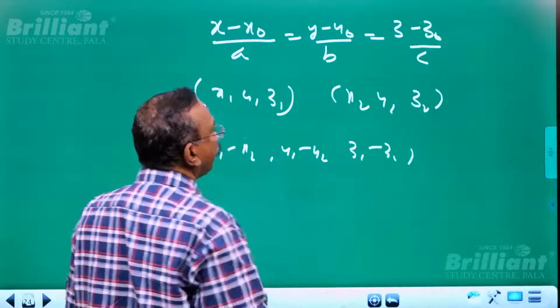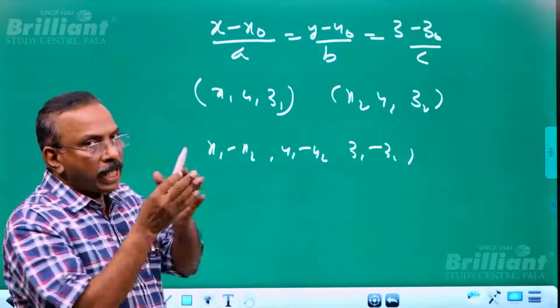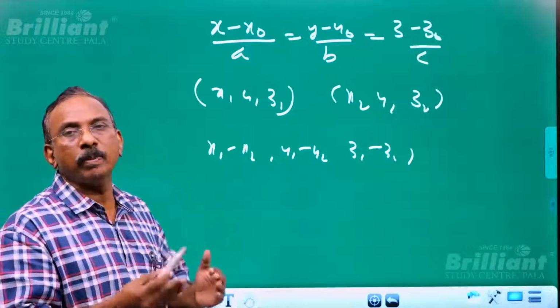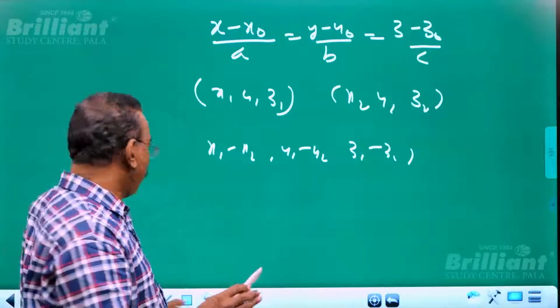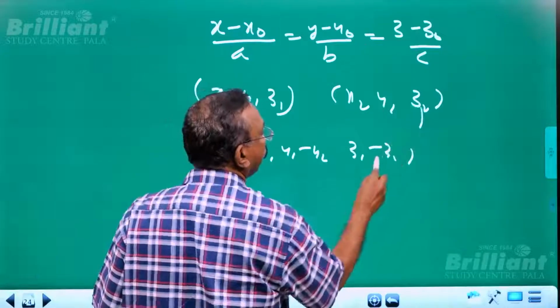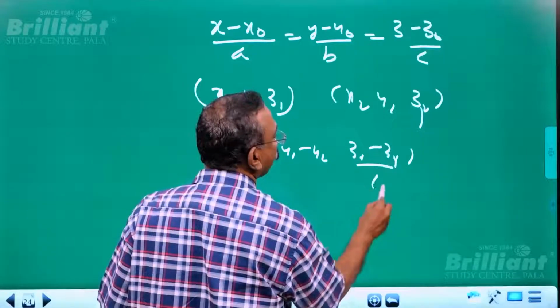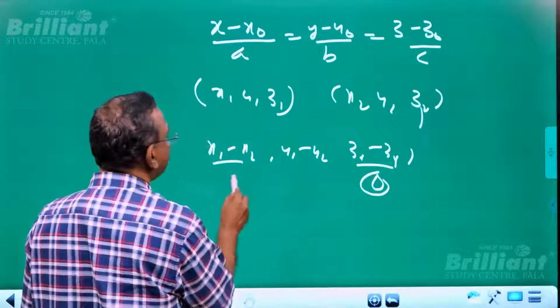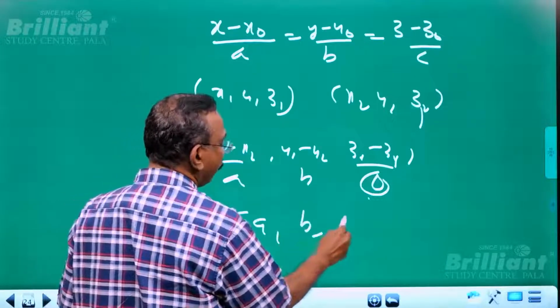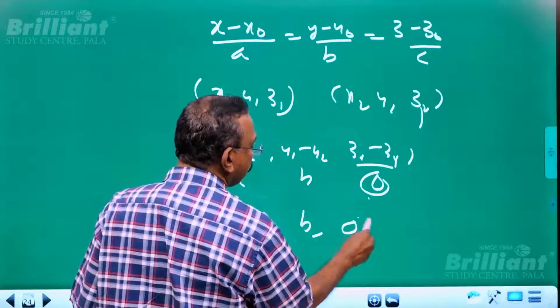Now those 2 points are on the same plane, parallel to the xy plane. That means the z coordinate is constant, so z1 here and z1 there. So z1 minus z1 becomes 0. So the direction ratios, if it is A, B and C, then C should be 0.